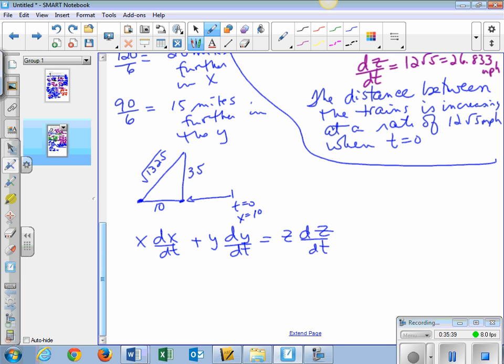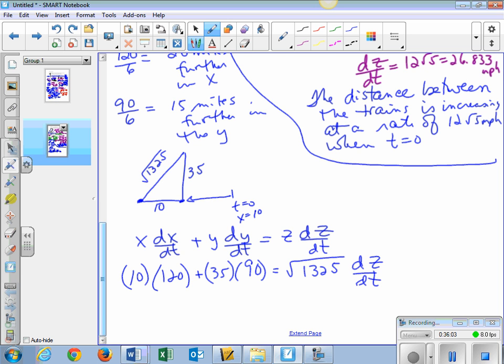Well, now I have x is now 10. My x is now increasing, so it's now a positive 120. My y is 35. dy/dt is still positive, but now my z is the square root of 1325 dz/dt. There it is.